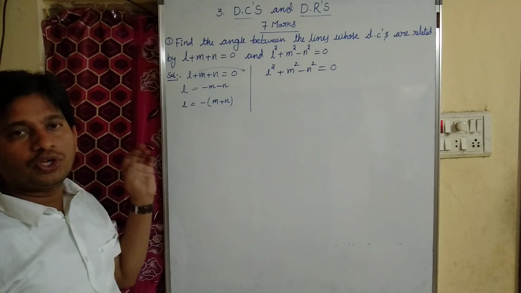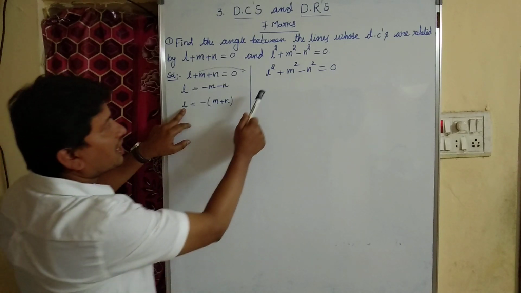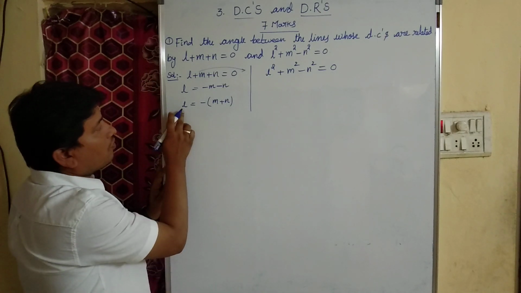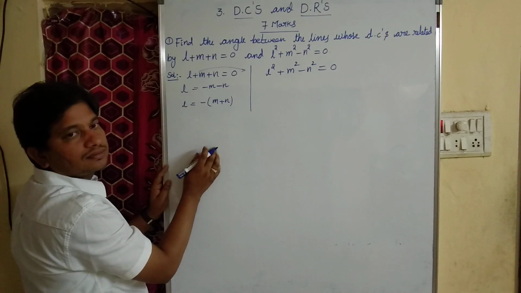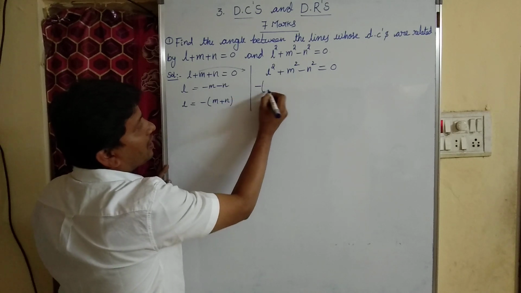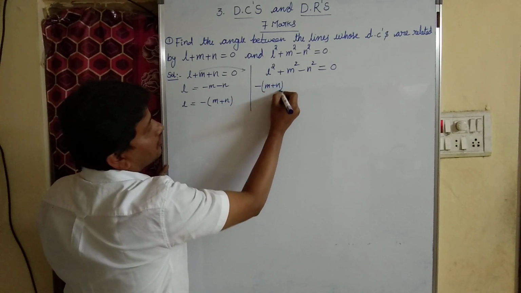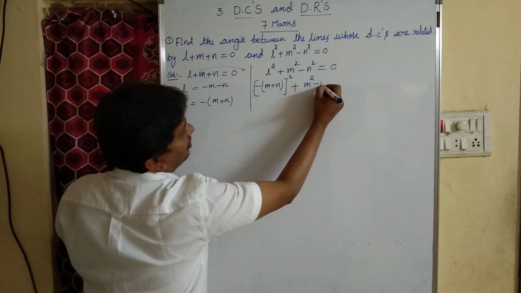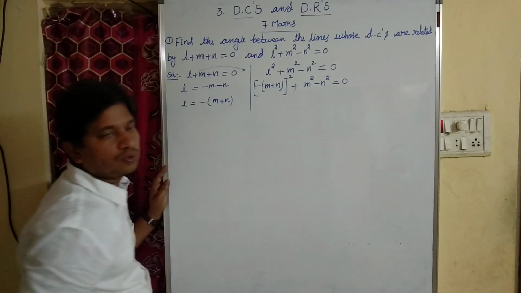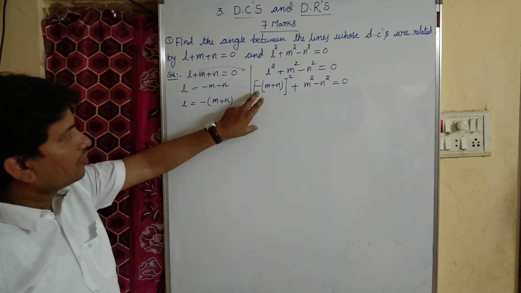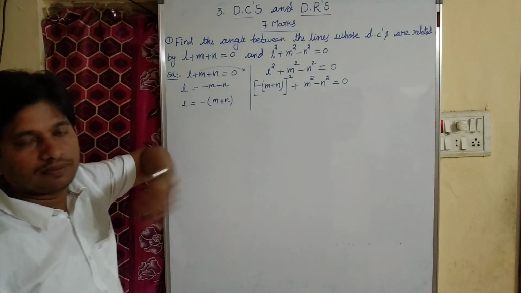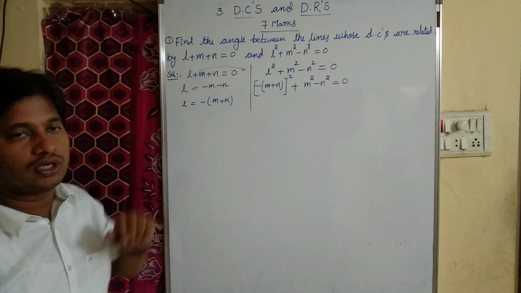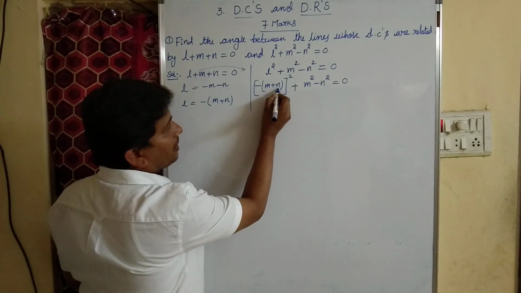See children, in the place of L, you substitute minus of M plus N. So minus of M plus N whole square plus M square minus N square equals 0. This is in the form of A plus B whole square. If the power is square, even if it is negative, the result is positive only.